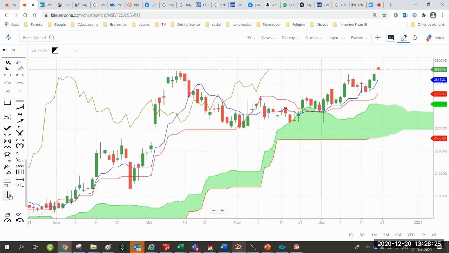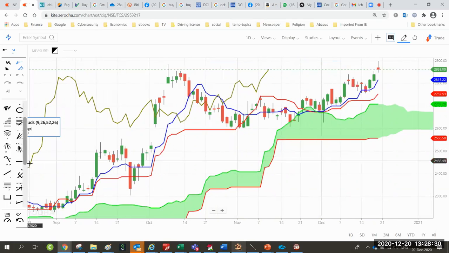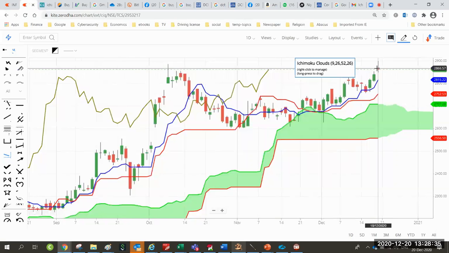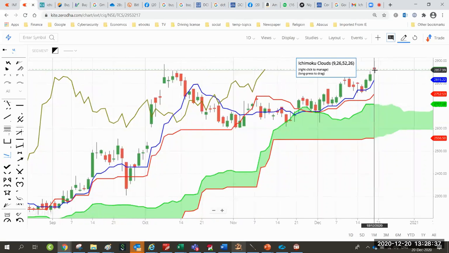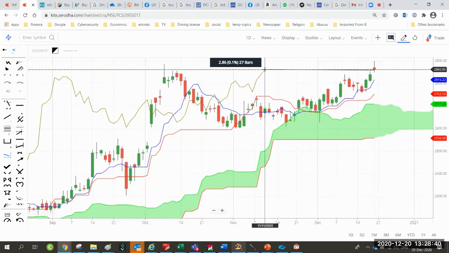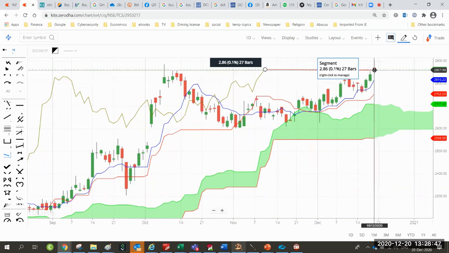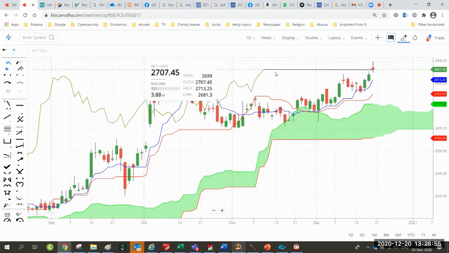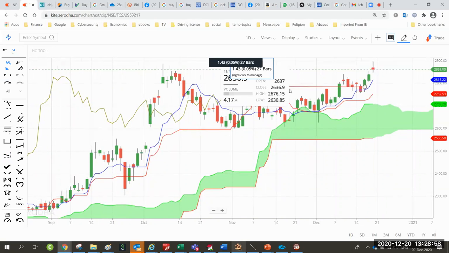There is a provision. Now this bar can move. So these are the 26 line.